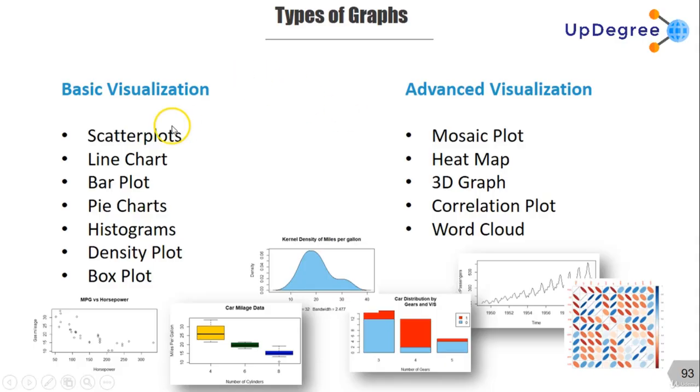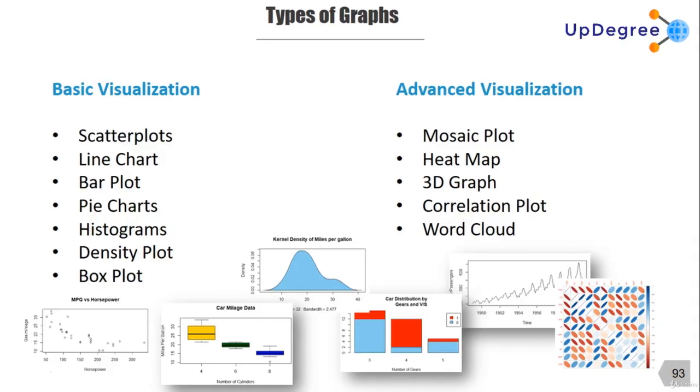We are going to learn first the scatter plot, line plot, bar, pie, histogram, density and box plot. These are basic visualizations, and then we are going to learn about the mosaic plot, heat map, 3D graph, correlation plot and word cloud. These are some of the most important, but apart from these you might also find a couple of interesting plots on your own.